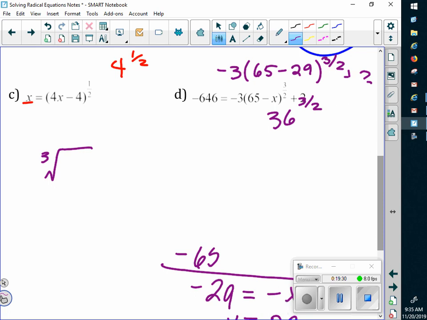What's the square root of 36? And what's 6 cubed? You got a calculator. 6 cubed is 216, right? So this says negative 3 times 216 plus 2. What do you got? Negative 648 plus 2. Good. Works. That's all that page, right?